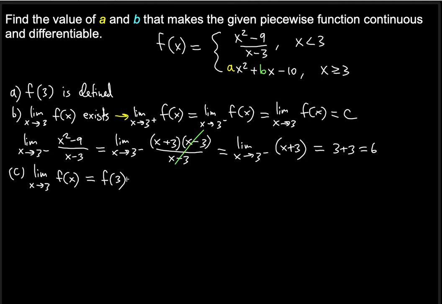So f of 3, as we just showed, should be 6. So we can say c is equal to 6.